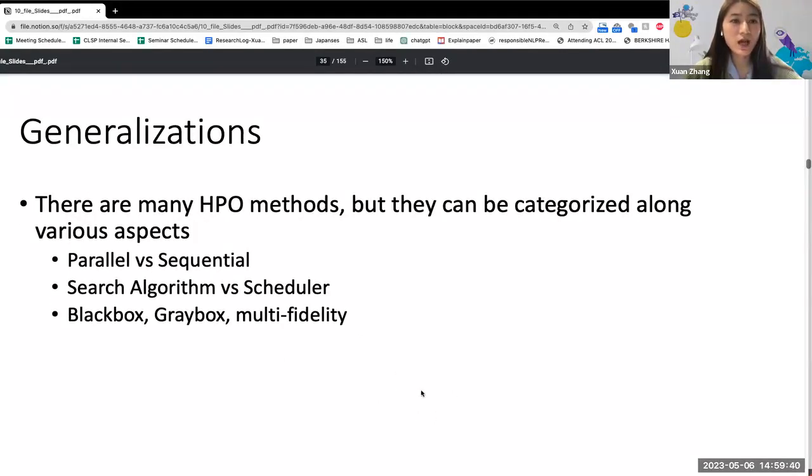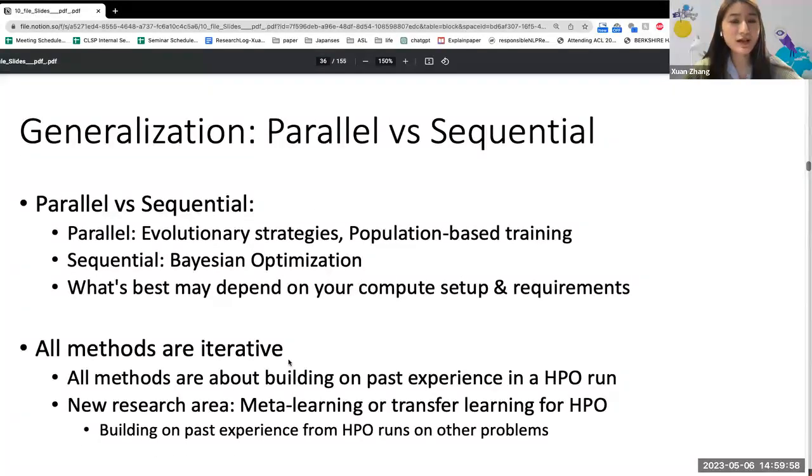So we've explored various HPO methods so far. They can be categorized in several ways: parallel versus sequential, search algorithm versus scheduler, black box, gray box, multi-fidelity. We've discussed evolutionary strategies and PBT as examples of parallel algorithms, while Bayesian optimization represents sequential algorithms, and the best choice depends on your computing setup and specific needs.